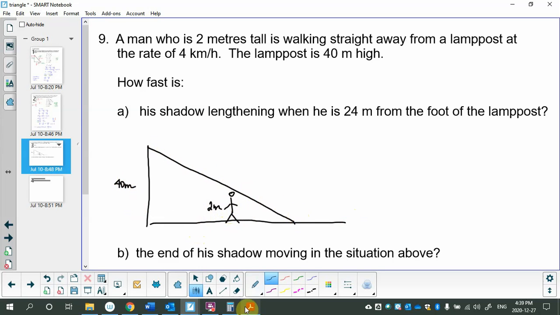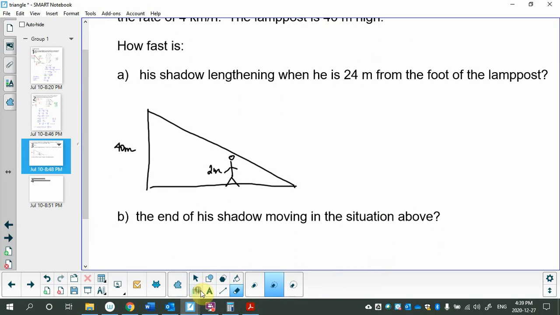Now, do you see that there are 2 right angle triangles? I hope that you do see that. There is, and I'm going to color code it temporarily, maybe forever, depending on my mood, a right angle triangle sitting right here, and then there's a second right angle triangle sitting right here.